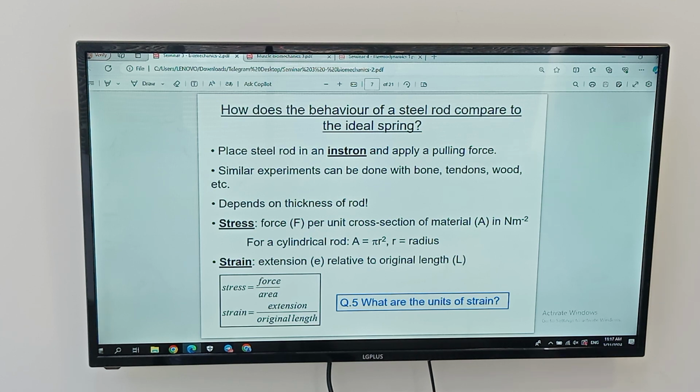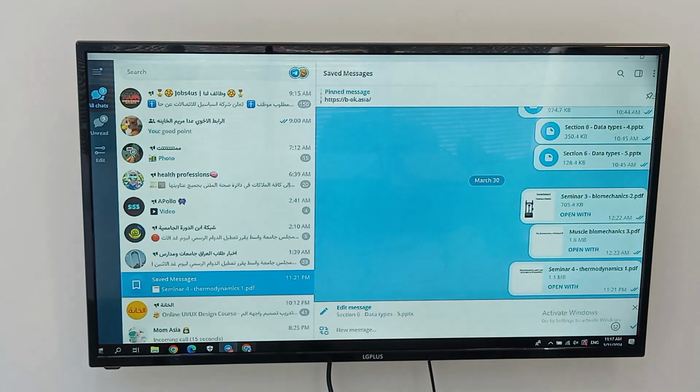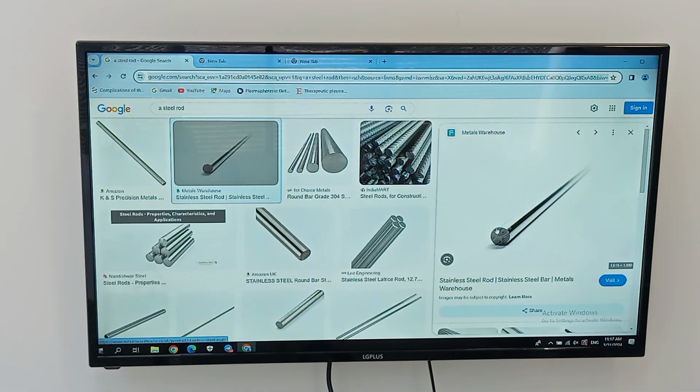If we want to know the value of stress and strain, for the stress, you divide the force over area. In the case of a rod, it's very important to know that it has circular ends.